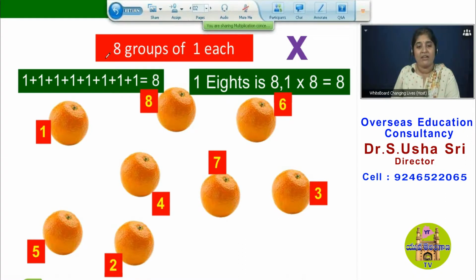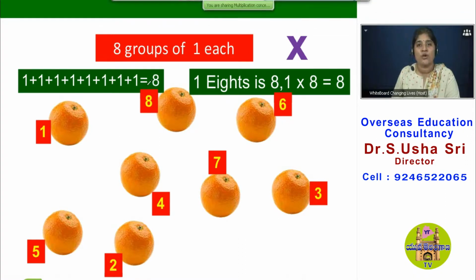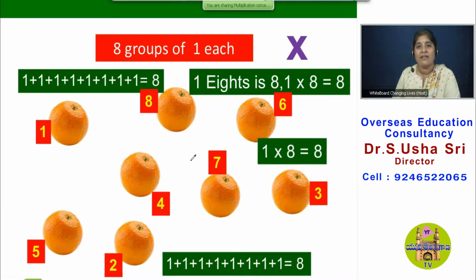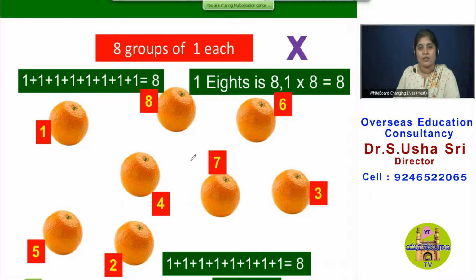So first thing, we have seen that there are 8 groups of oranges, but there are only 1 orange each. So 1 eights is nothing but 8. In case I want to relate both of them, let us see how we relate. So 1 plus 1 plus 1 plus 1 plus 1, so on, 8 times is 8, and 1 into 8 is also 8. Did you understand, children?